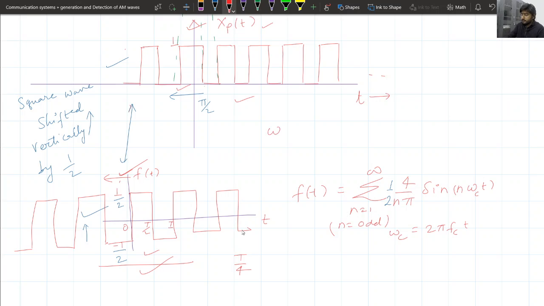Because it is shifted by an angle pi by 2: omega t, shifting by 1 by 4, in terms of angle is omega t by 4, which is 2 pi by 4, that is pi by 2. So if we want to write the Fourier series summation of this signal, we can simply write it here. We will do the shifting vertically as well as in the left side direction.